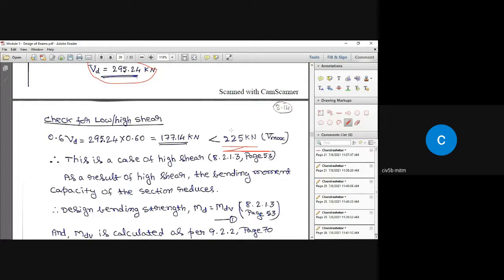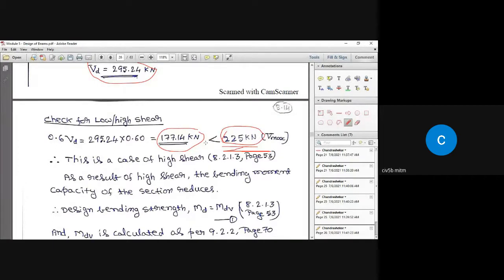So 225 kilonewton, the maximum shear force due to the external design load, is greater than 0.6 VD, where VD is the design capacity of the section in shear. So this is a case of high shear.